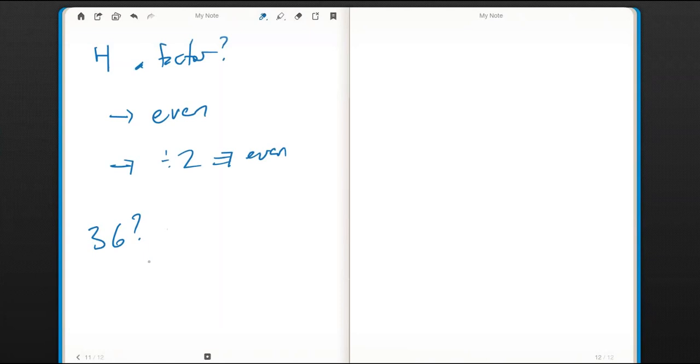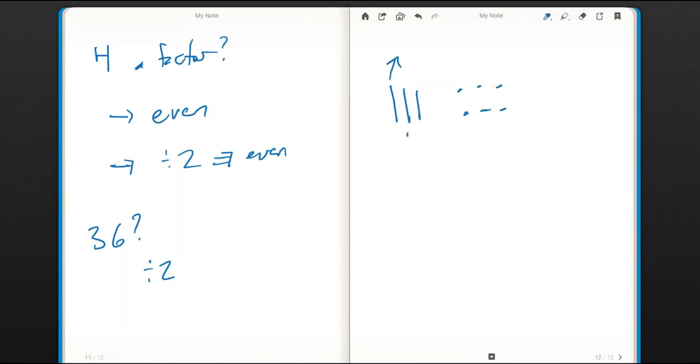But also, if you divide 36 in half, think of 3 10s and 6 1s. If I divide it in half, I have 1 10 goes this way and 1 10 goes this way. I have these 3 go to this group and these 3 go to this group, and this 1 10 has to split and send 5 up and send 5 down.